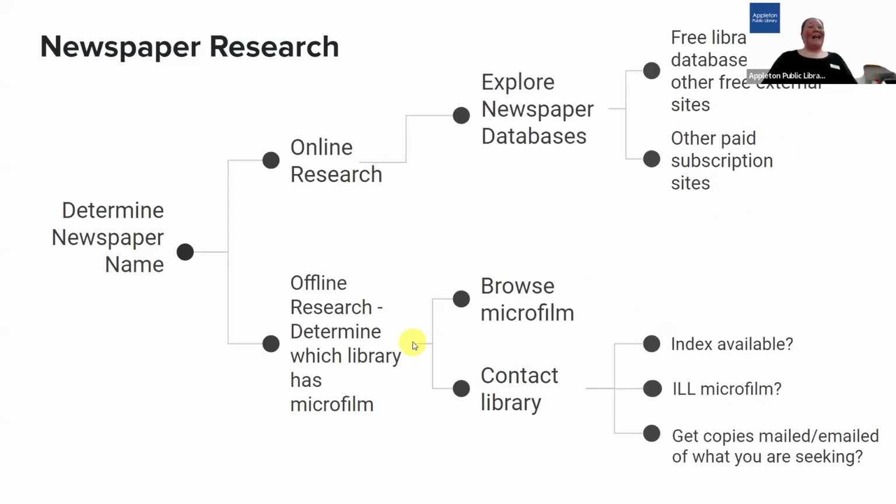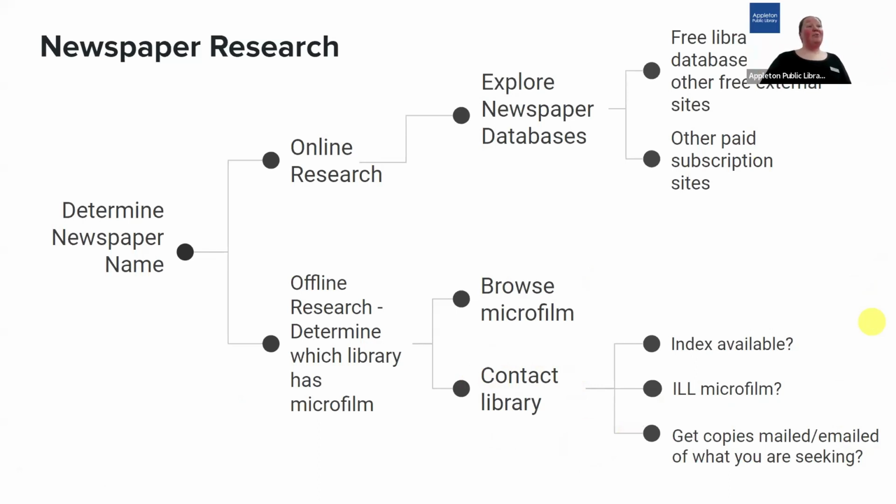But like I mentioned, not everything is online. So we may have to do some offline research. We need to figure out what library might have microfilm of that newspaper if it's not online. Once I figure that out, I need to browse the microfilm. Or if I can't go there, I need to contact the library. There's a couple different things you might use to contact the library, figuring out, do they have an index of what's included in that newspaper?